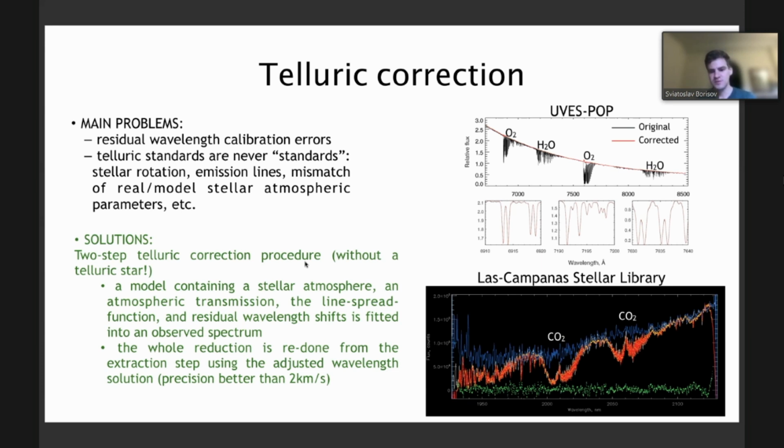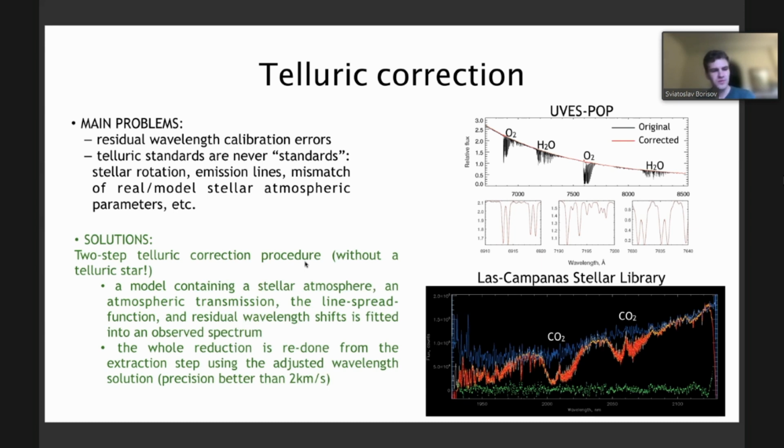But since these lines are very, very narrow, the wavelength solution should be just perfect. If the wavelength solution is just a bit imperfect, it might lead to some very big residuals.